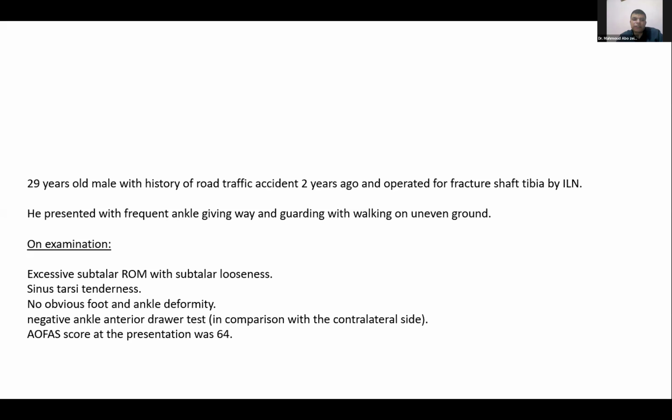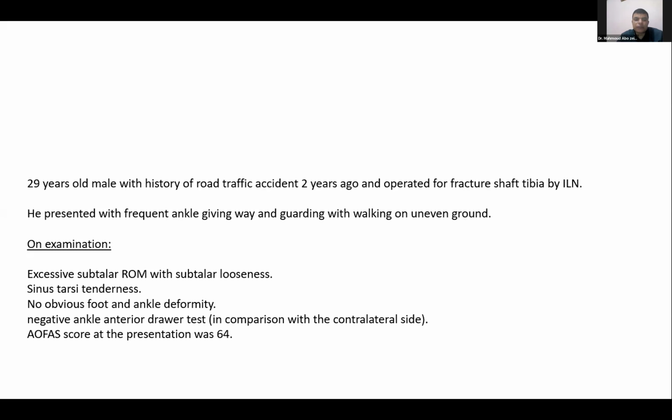This is a 29-year-old male with a history of road traffic accident 2 years ago, operated for fracture shaft tibia by interlocking nail. He presented with frequent ankle giving way, guarding when walking on uneven ground. So the chief complaint for this patient is frequent ankle giving way.